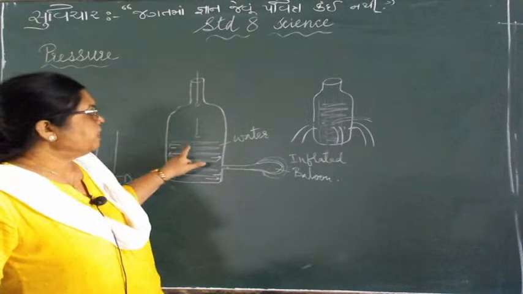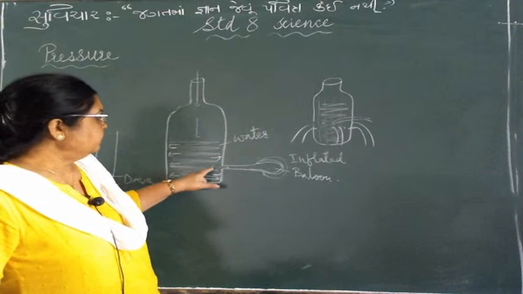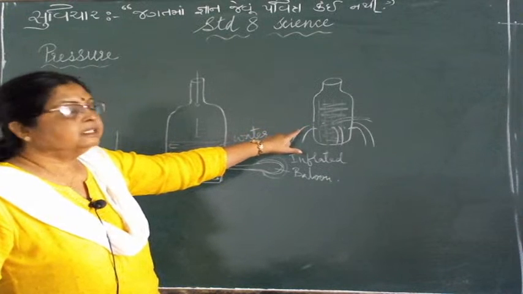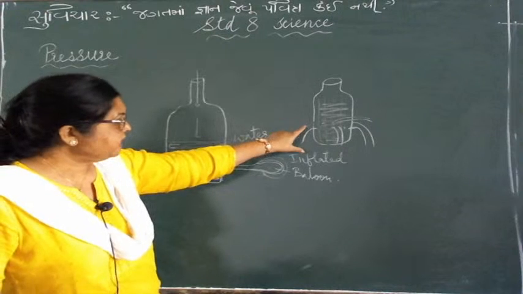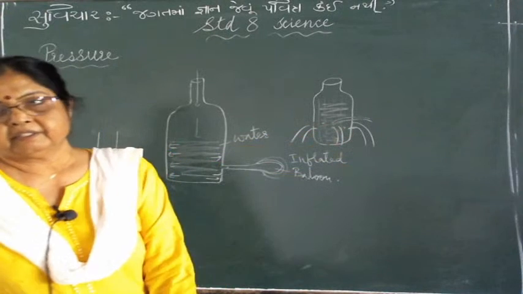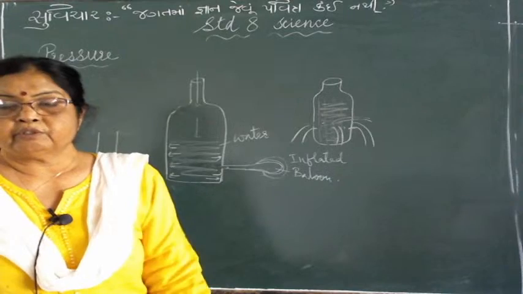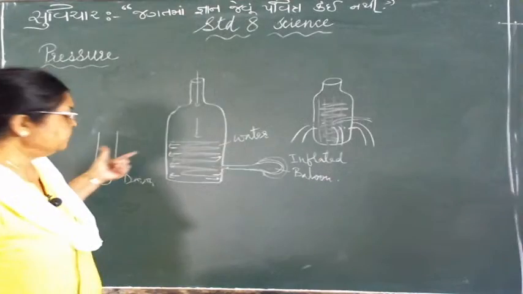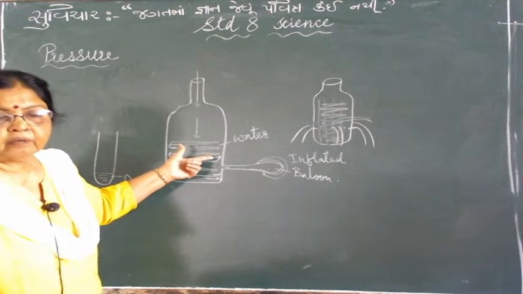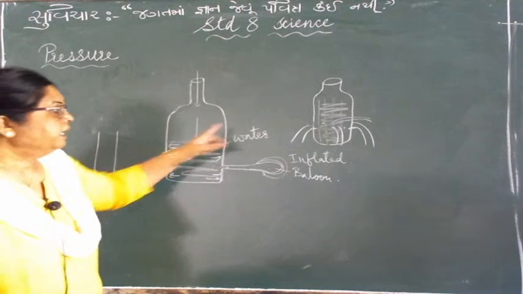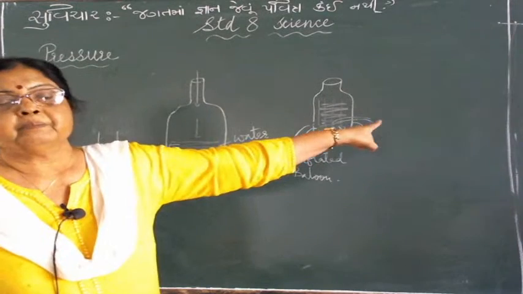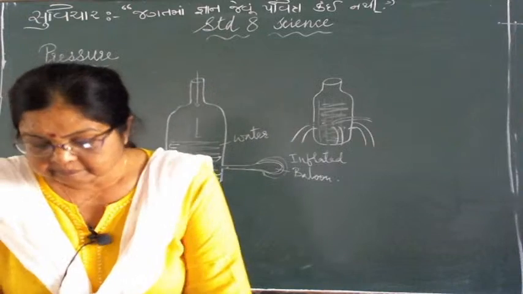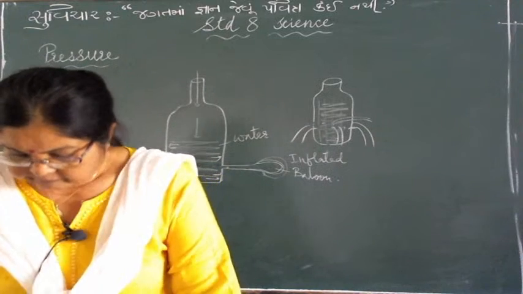And the third experiment, that liquid exerts pressure at the same depth in all directions. Understood? So 3 experiments: first, liquid exerts pressure. Second, liquid exerts pressure on the walls of the container. And third, liquid exerts pressure in all directions at the same depth. Okay.